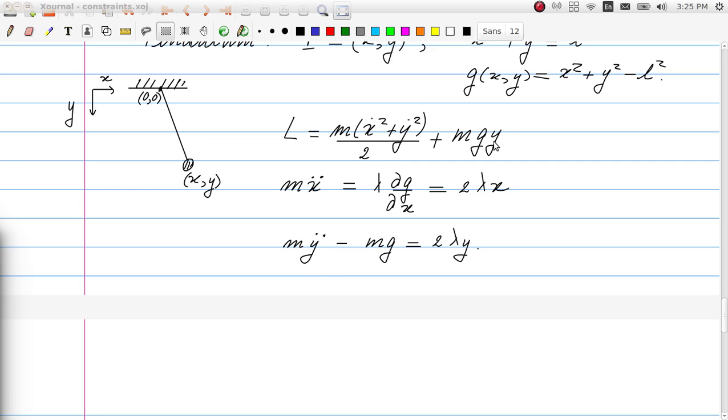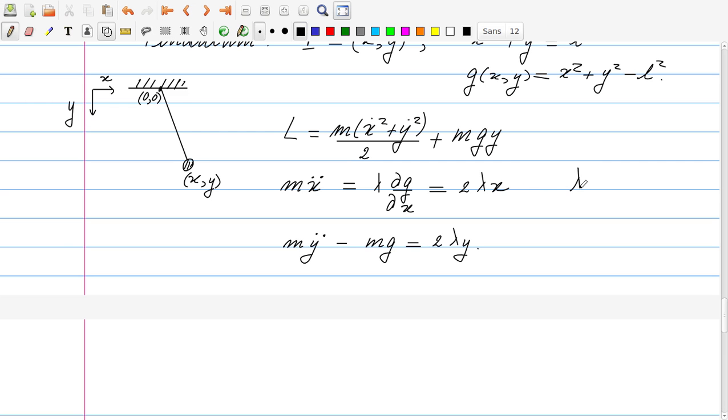From the potential energy we get minus mg, and on the right hand side we get a constraint force which obviously has the same form as this one, but now with y. And so we can anticipate in this case that the lambda is smaller than 0, because the x will be driven back towards its equilibrium, towards x is 0.